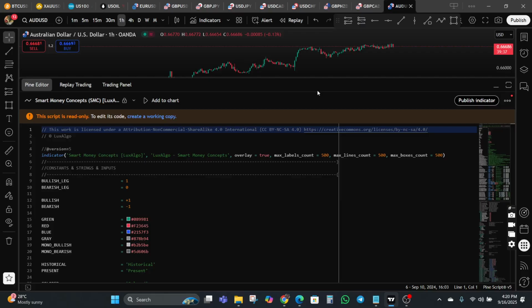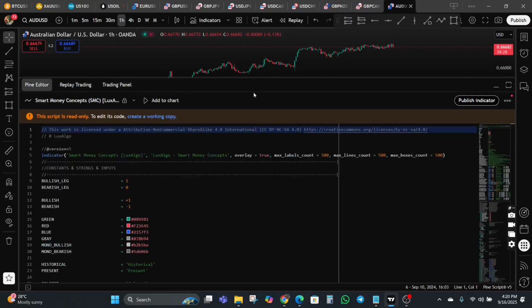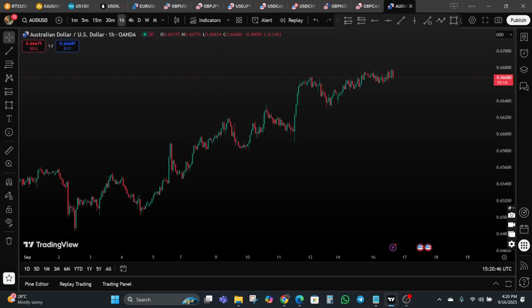Many AI trading platforms allow you to test a strategy using historical data before you go live. Okay, so this helps you see how the strategy would have performed in the past and gives you insights into whether it is suitable for your goals.